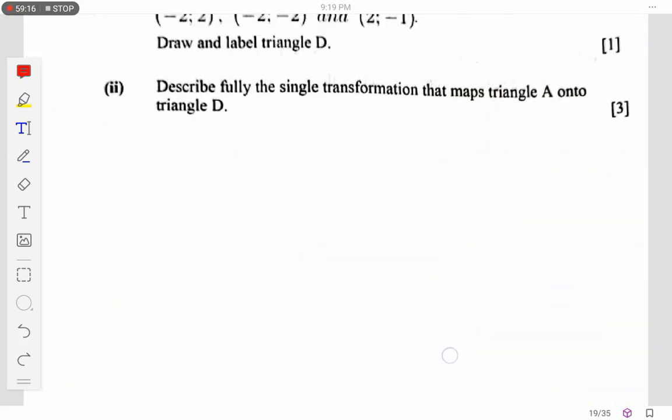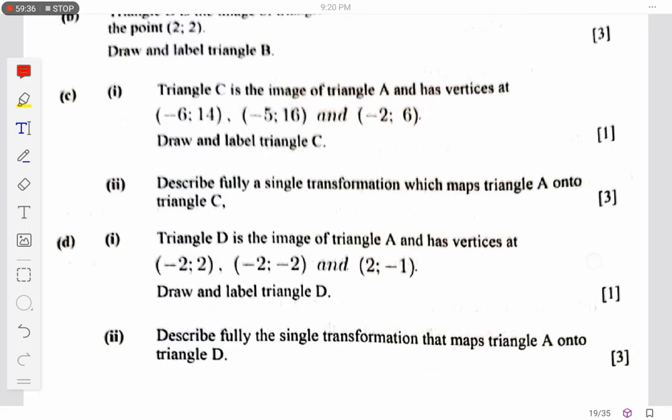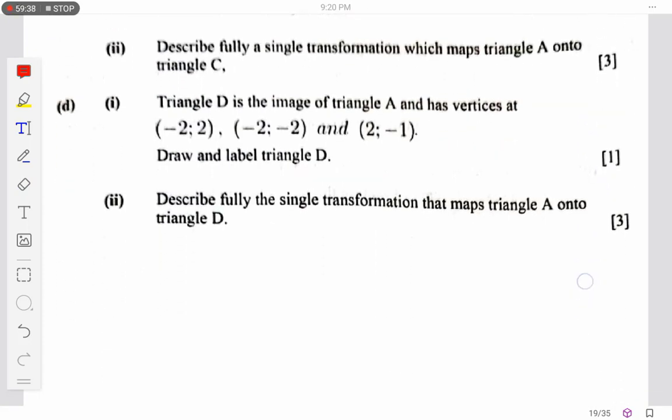We have described our transformation, where they say describe fully. We have stated it's a stretch, you get a mark. Then you have talked about the invariant line, you get a mark. Then you talk about the scale factor, you get the 3rd mark. So if you fail that 3rd mark, then you have lost 1 mark only.